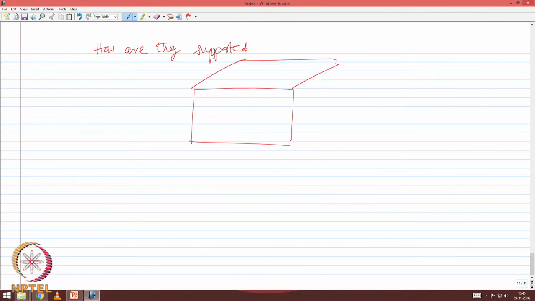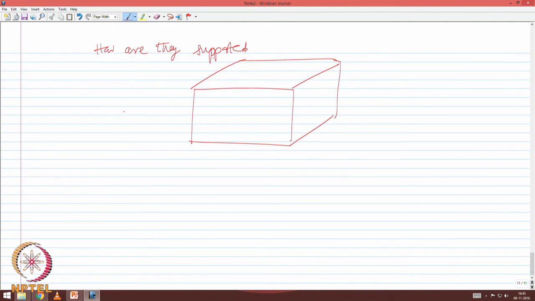Then the fundamental question comes, how are they supported? Imagine a box which is a rigid body which needs to undergo a large displacement under the lateral loads.